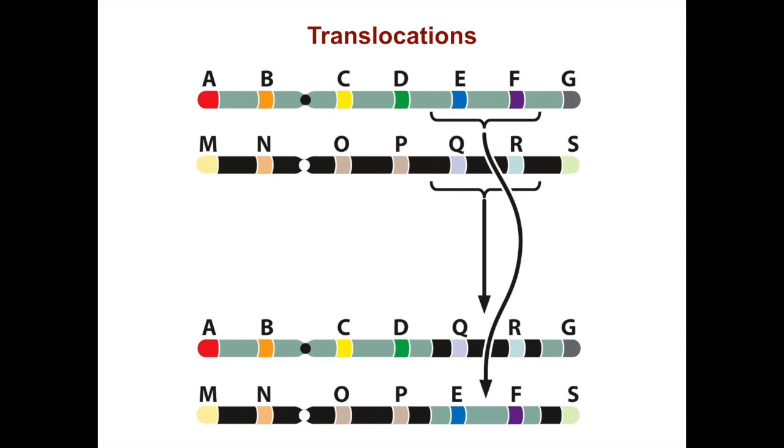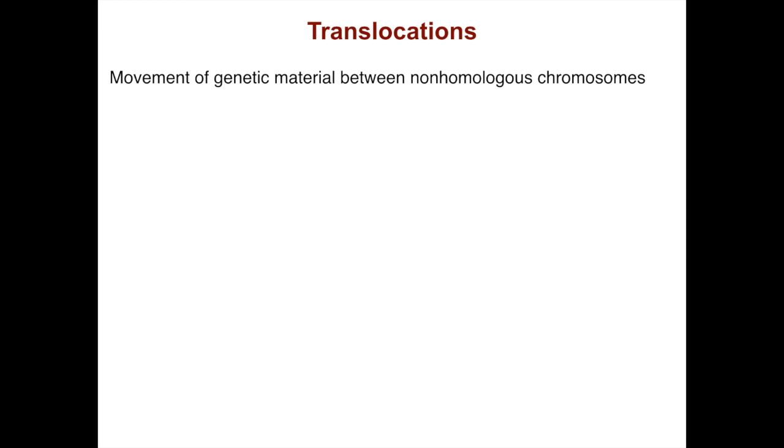And you also have QRN moving to the other chromosome. So this is a reciprocal translocation. So translocations involve the movement of genetic material between non-homologous chromosomes. So these are interchromosomal rearrangements. There are 3 types: non-reciprocal, reciprocal, and Robertsonian.